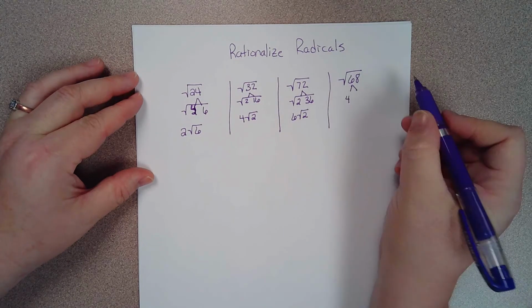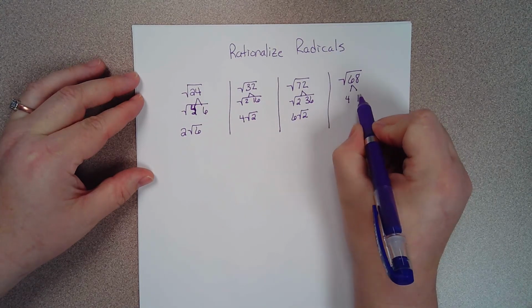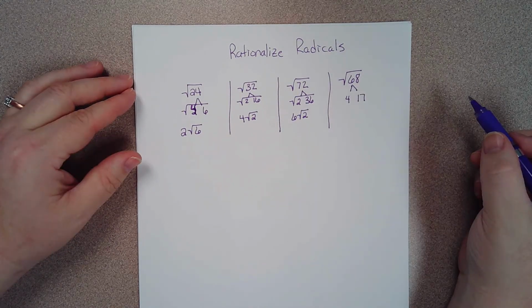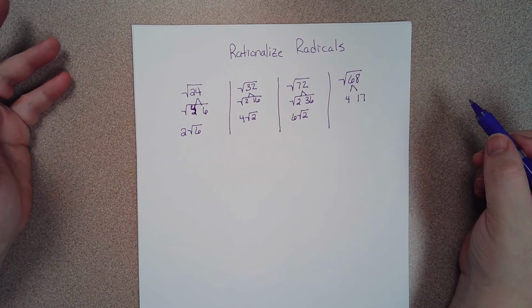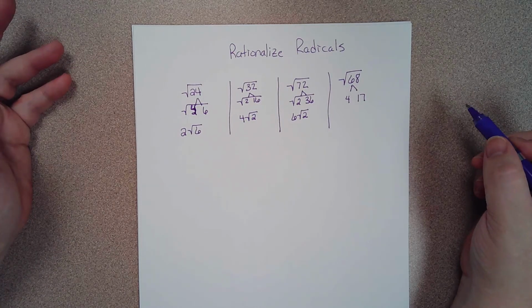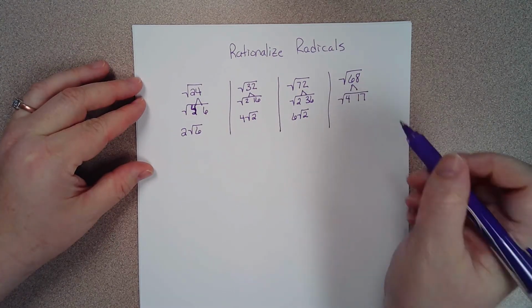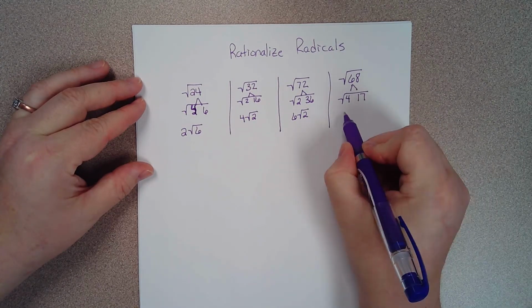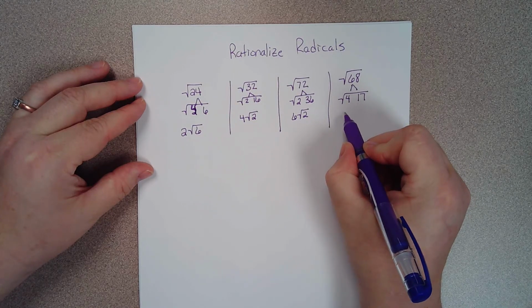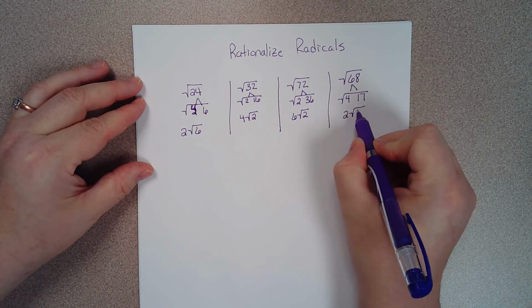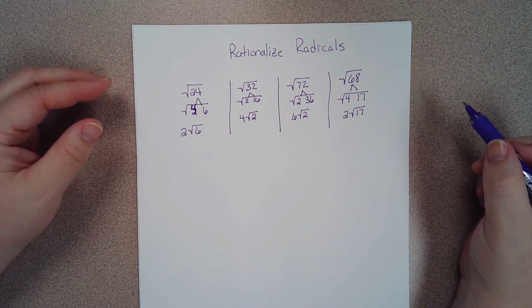If we divide this by 4, we get 4 and 17. Well, this is actually a jackpot, because 17 is prime, so I can't break it down any further, but 4 is a perfect square. So square root 4 becomes a 2. Now radical 17 stays behind because we can't break it down any further.